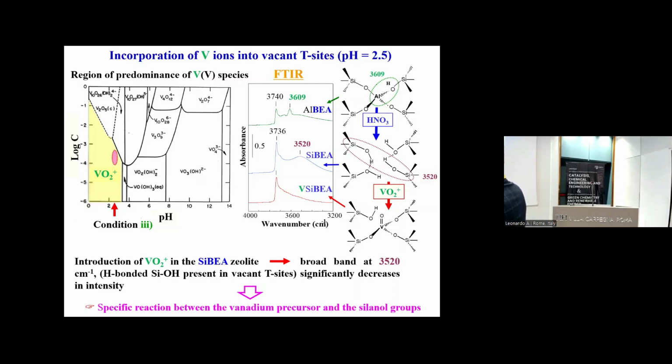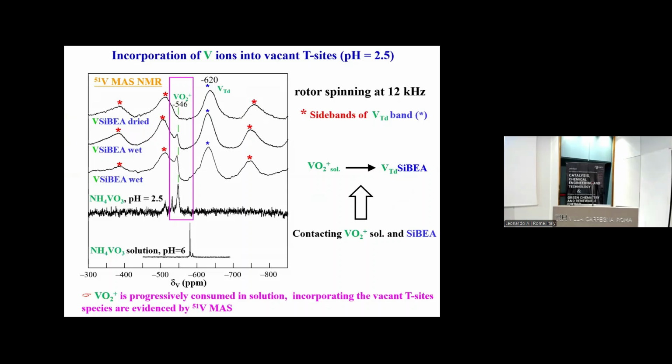Then by vanadium magic angle spinning NMR, we confirm that when we have VO2+ in the solution, this is the VO2+ band, and we contact this solution with beta zeolite, we observe that this band disappeared or decreased in intensity.